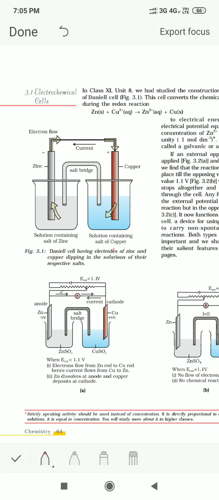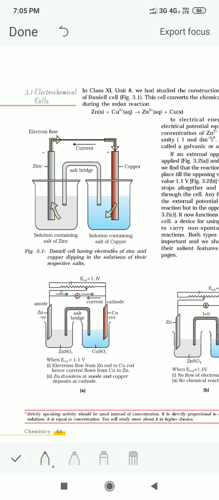They will gain those two electrons which are coming from the zinc rod, at which the electrons have been accumulated in the anode. So these two electrons travel from the outside circuit and come to the copper electrode. The copper ions present in the solution will accept the two electrons, and they will deposit as neutral copper atom.